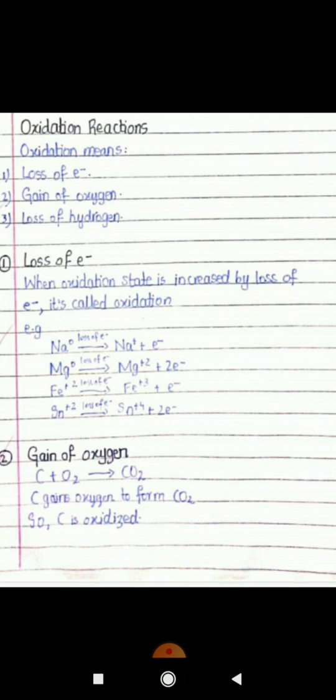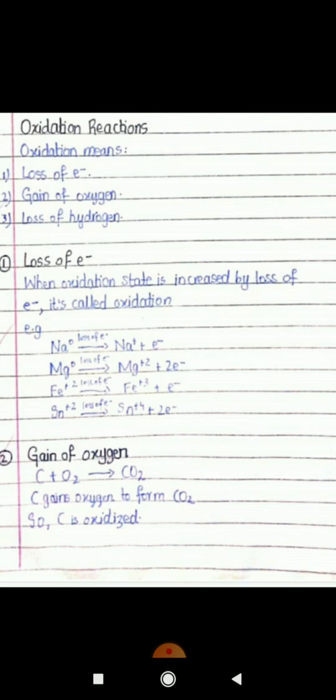Now, the second definition is the gain of oxygen or addition of oxygen. The simplest example is the burning of coal or wood in the presence of air, which is called an oxidation reaction.